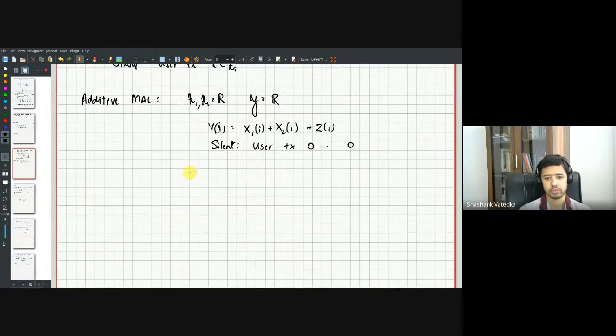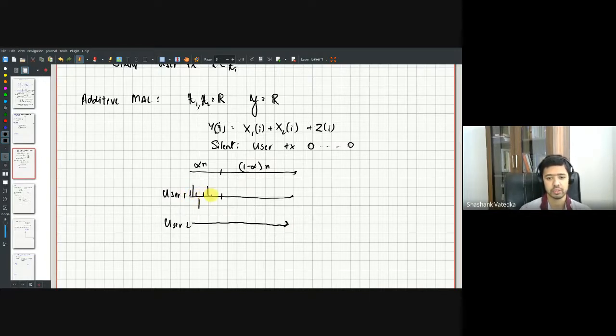So in the first alpha n channel uses, user 1 sends some sequence of symbols.